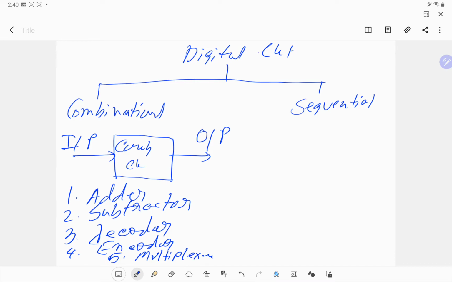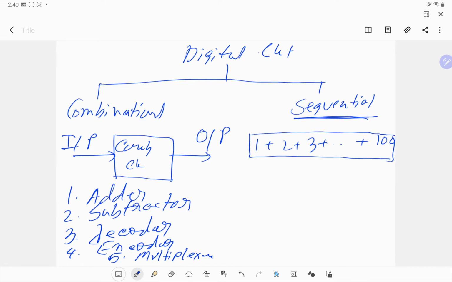On the other hand, the name sequential comes from sequence. For example, if we want to evaluate 1 plus 2 plus 3 plus up to 100, we need to perform this operation. There are actually 99 additions.